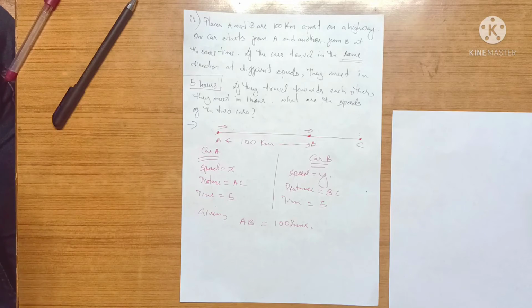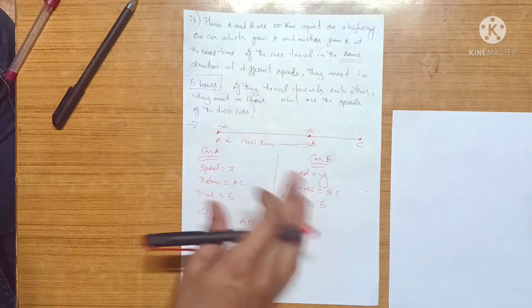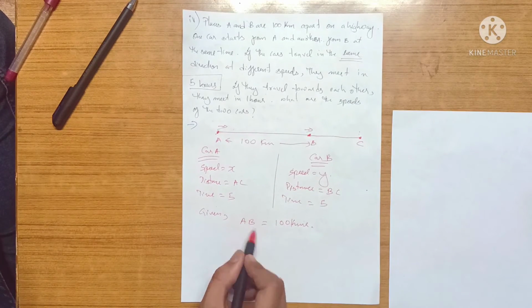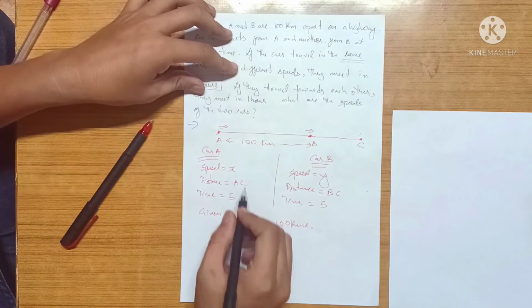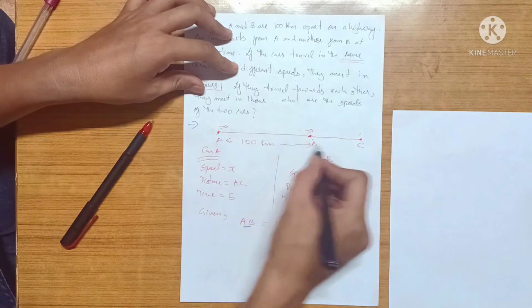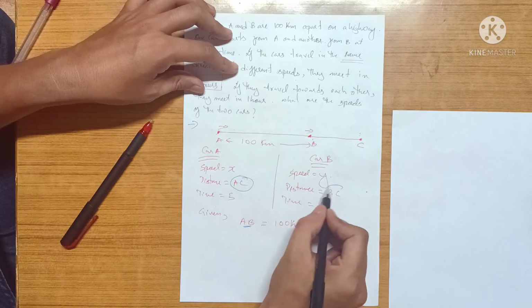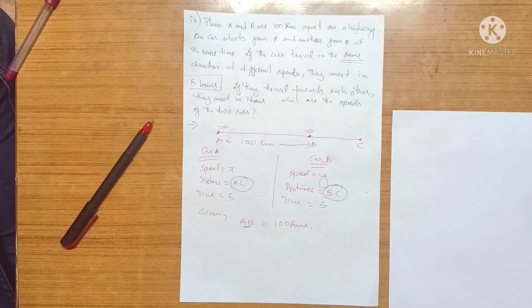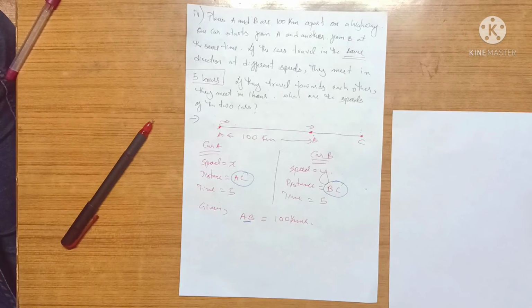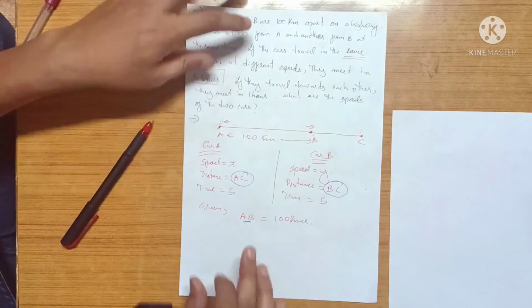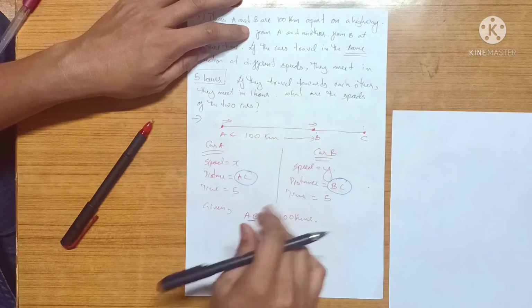So I want to replace AB with something related to these two, so that I can somehow express it in terms of x and y.